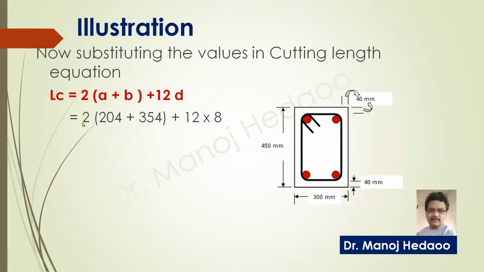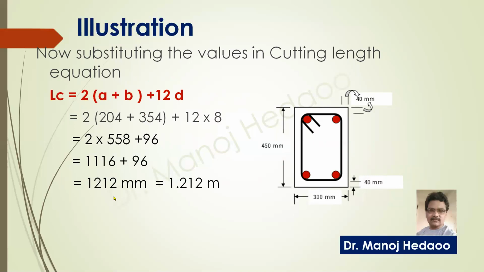Substituting the values, A is 204, B is 354, plus 12 into D, which is 8. So you will get the final value, that is 1212 mm, that is 1.212 meter. With this formula you can get the cutting length of the stirrup bar for a rectangular stirrup directly.